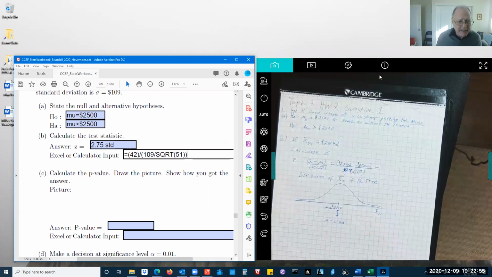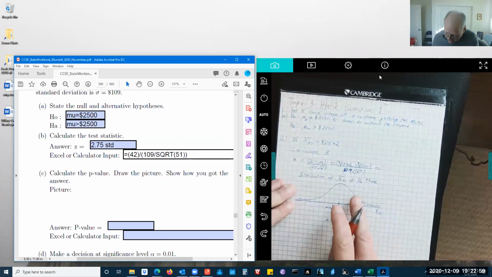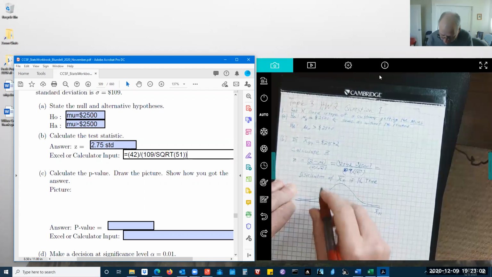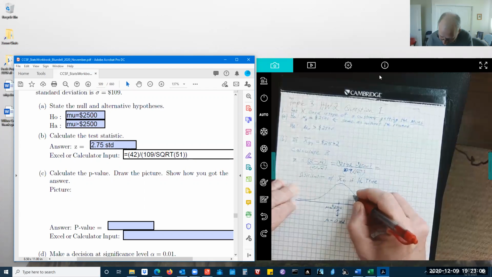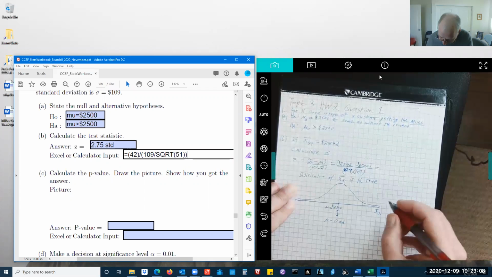And that would be 0 STDs. Now our sample mean was 2542, and that's 2.75 standard deviations.